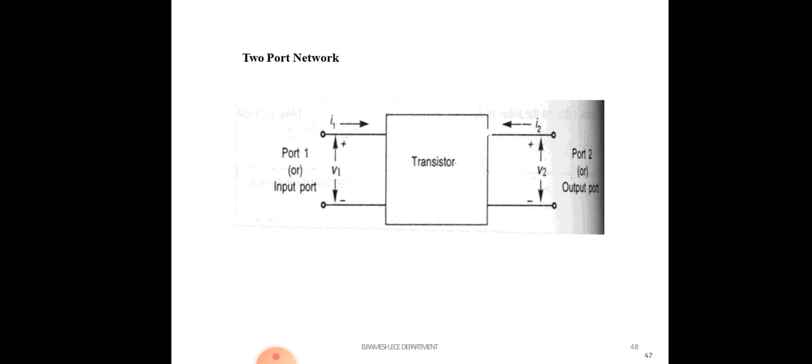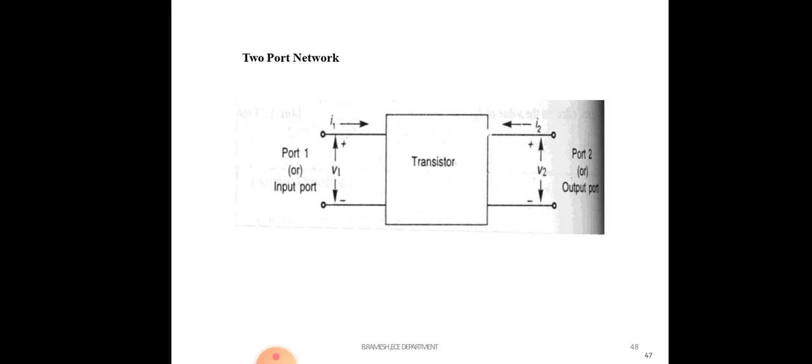In a two-port network, take the transistor we are using: one side is the input port, and the output side is output port 2. So port 1 and port 2, that's why we call this a two-port network. Input port and output port.